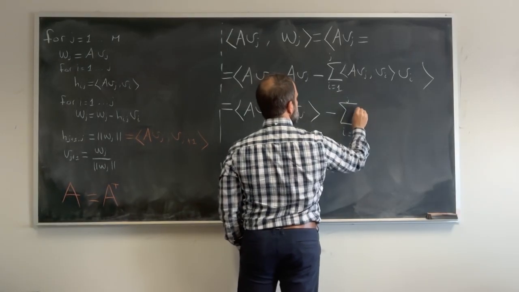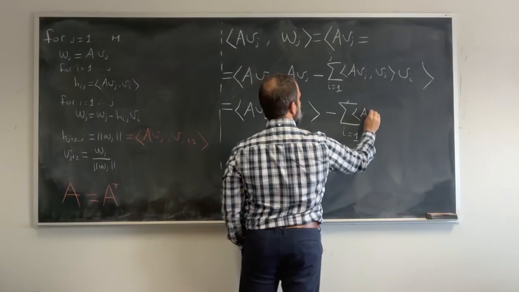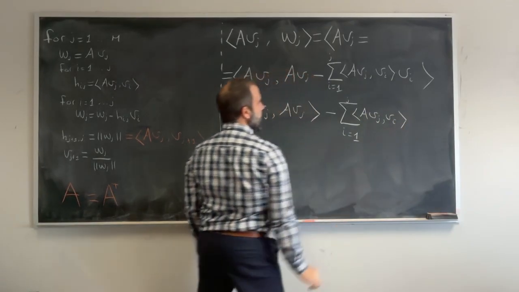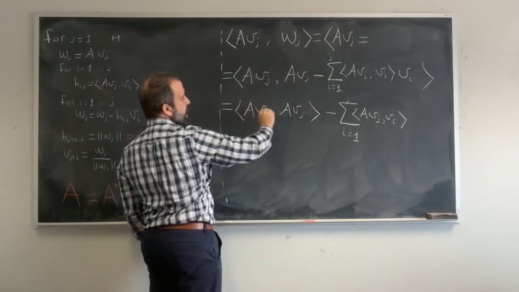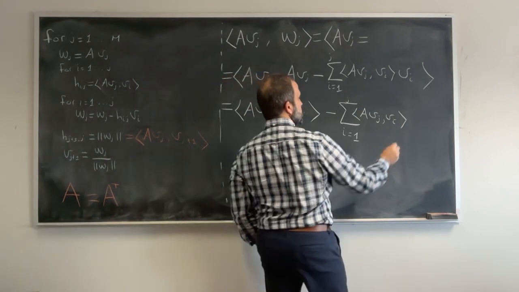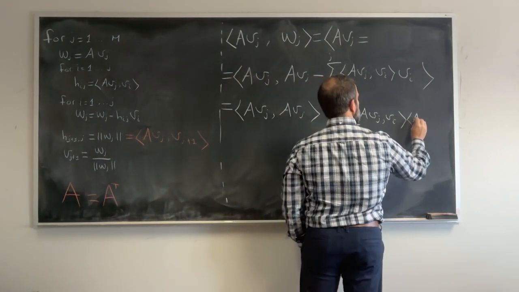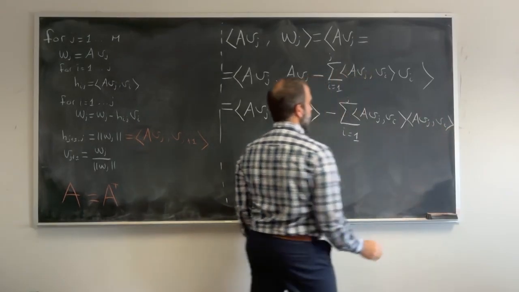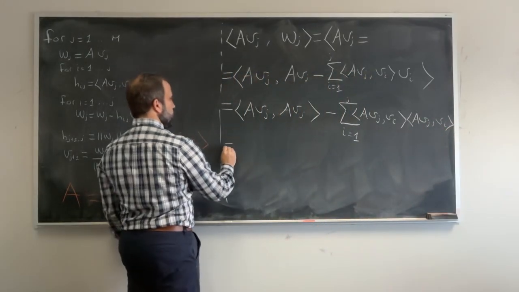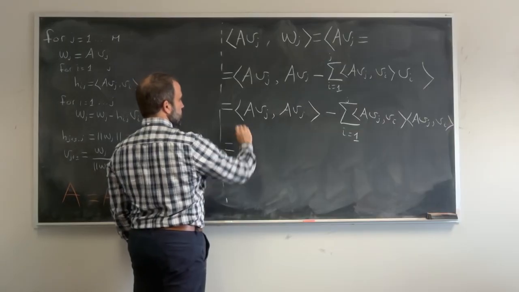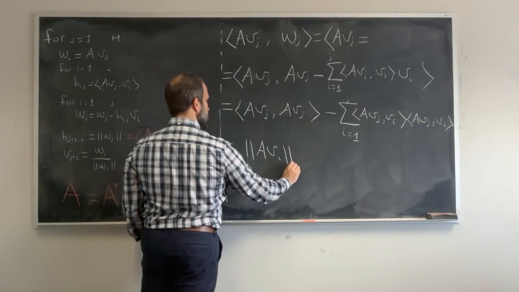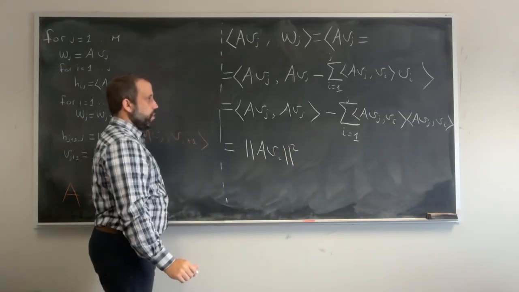So we're going to have this, using the linearity, this is just a scalar, AVJ VI, and then it's going to be times AVJ VI. Okay, so now what we're going to have here, this is the norm of AVJ squared.